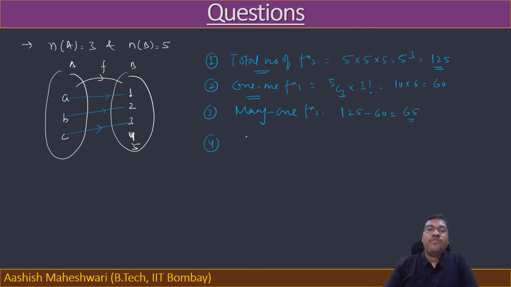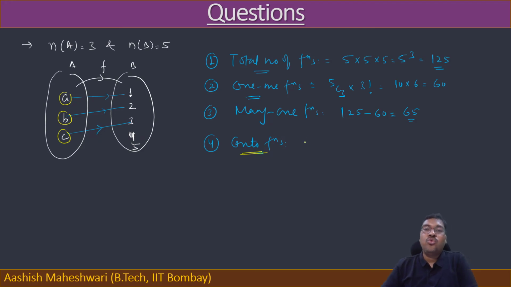Similarly, now we want to find the total number of onto functions. Now this is a tricky part. First think about what an onto function is. If you want to find the number of onto functions, maximum how many elements can you map here? If I map A, B, C to different elements, you can consume at most 3 elements from this. So in any case, at least 2 elements will remain, because you can cover at most 3 elements.